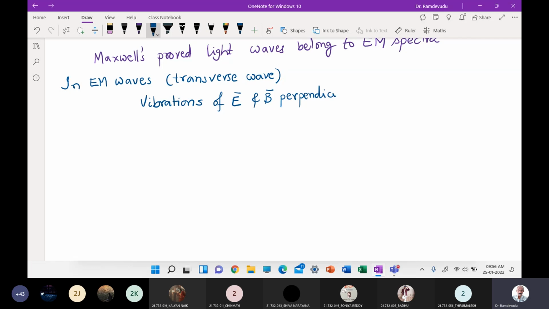I suppose here the direction of propagation is along the z-axis.